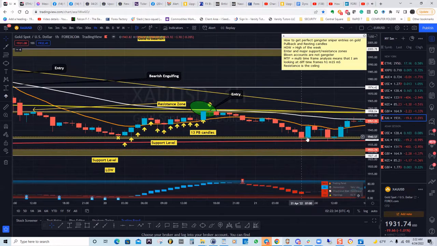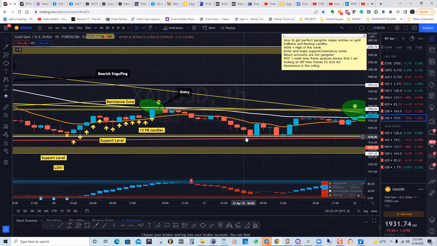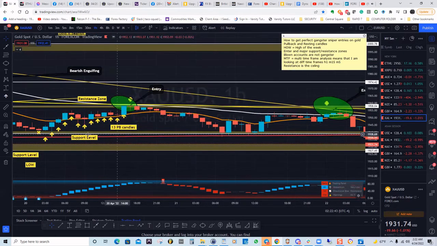Then you've got some support, and now I've got pullback candles. What are pullback candles? It pulls back all the way up to here. So what is a pullback candle? Well, it pulls back. It came down here, hit resistance here, 1. It kind of played around here.